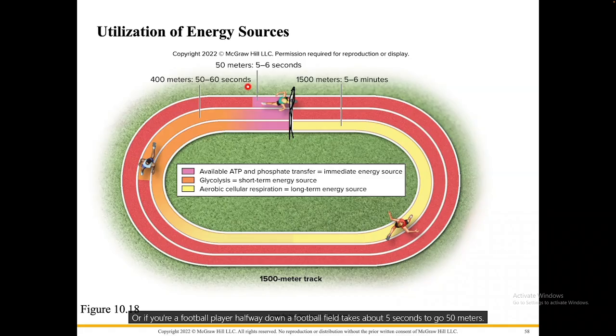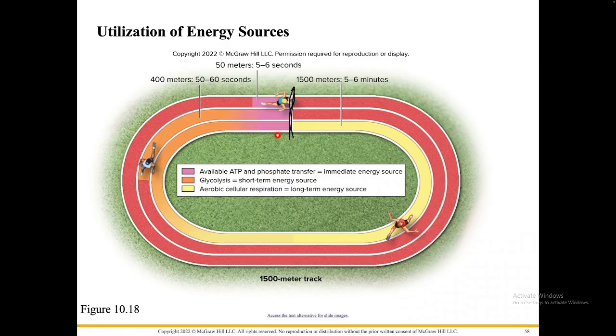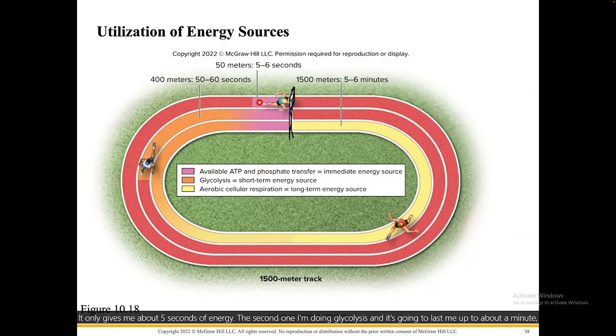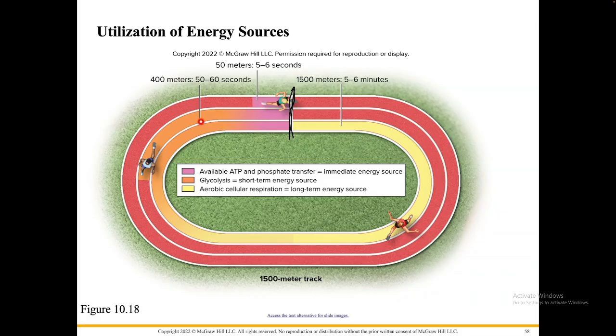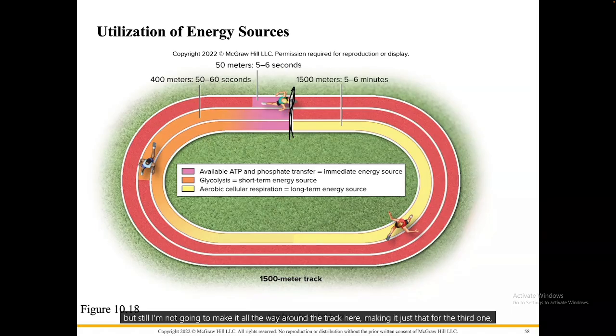All of that is happening in that immediate transfer of phosphate, ADP plus creatine phosphate. It only gives me about 5 seconds of energy. The second one, I'm doing glycolysis, and it's going to last me up to about a minute. But still, I'm not going to make it all the way around the track.